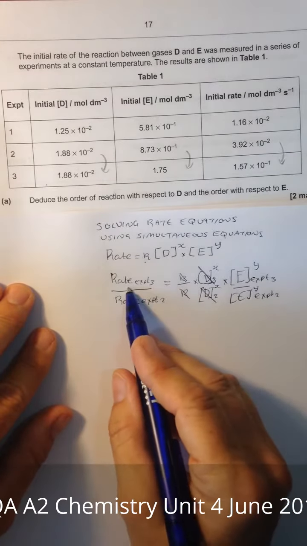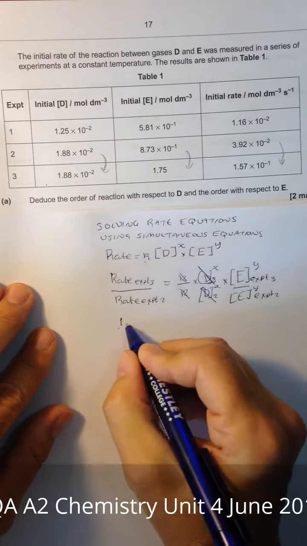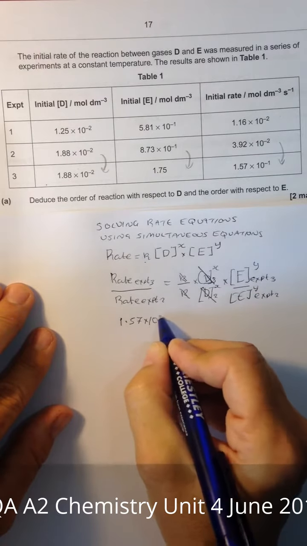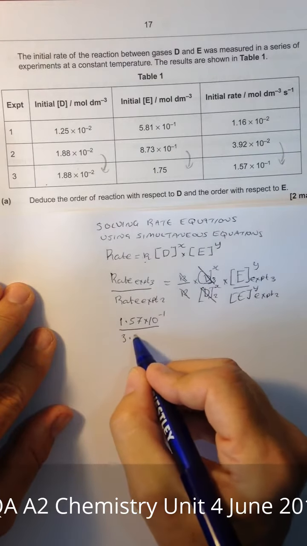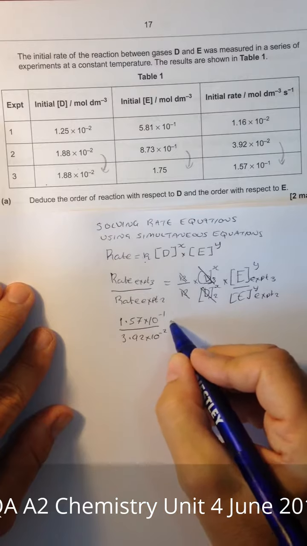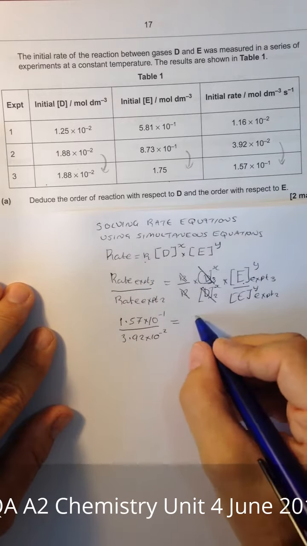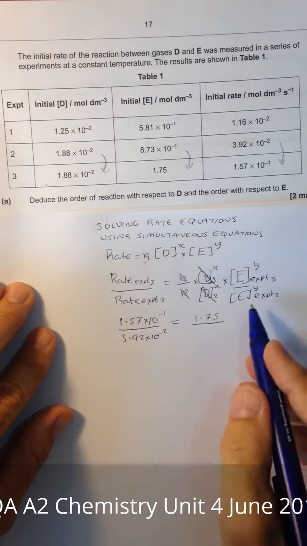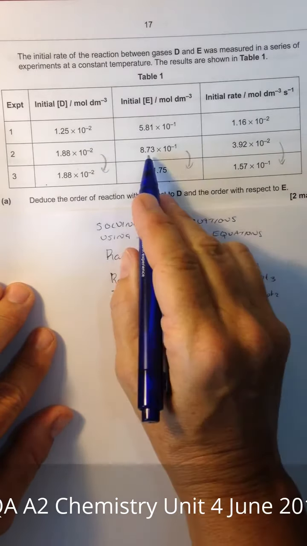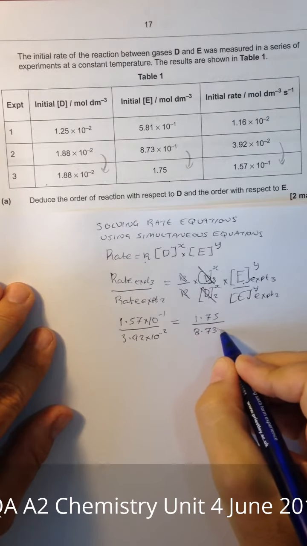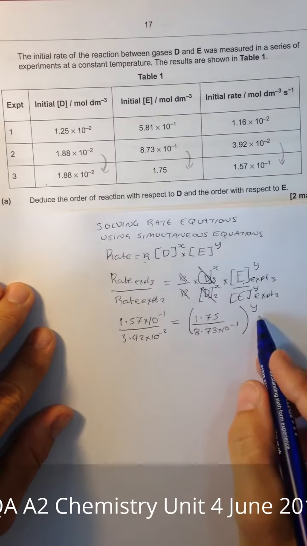So now what we can do is put the values in. The initial rate in experiment 3 is 1.57 times 10 to the minus 1, divided by the rate in experiment 2, which is 3.92 times 10 to the minus 2. The concentration of E in experiment 3 is 1.75, divided by the concentration of E in experiment 2, which is 8.73 times 10 to the minus 1, raised to the power y, because that's the order that we're trying to find.